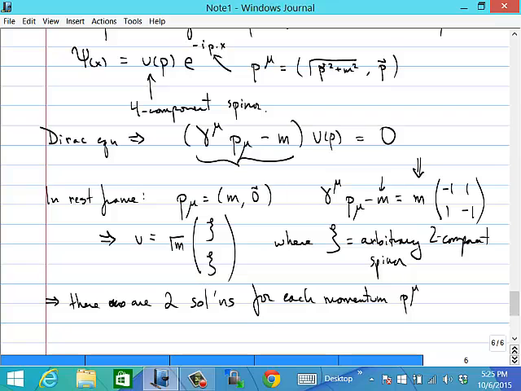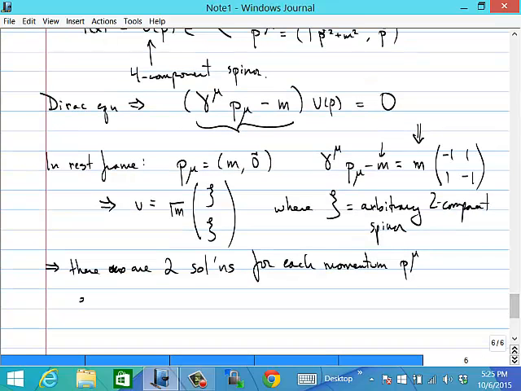So, for example, you could choose some nice basis. You could let psi be some number, I guess we would call it psi up, times 1, 0, plus another number, which you might call psi down, times the vector 0, 1. And then an arbitrary solution of our Dirac equation will be some linear combination of these two, at least in the rest frame.